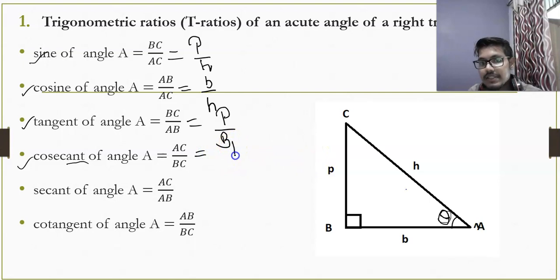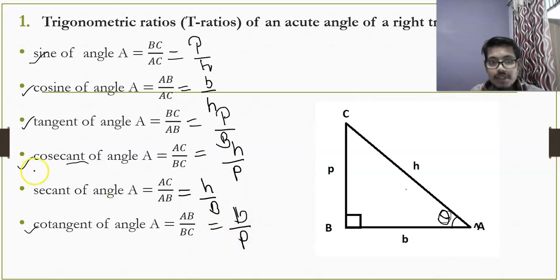AC is the hypotenuse and BC is the perpendicular. What is secant? Secant is AC upon AB. AC is H and AB is the base B. What is cotangent? AB upon BC. AB here is base B and BC here is perpendicular.